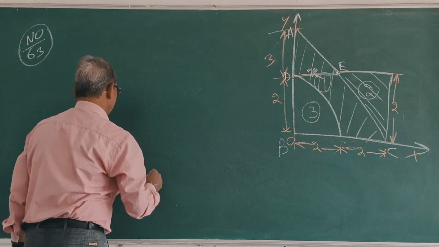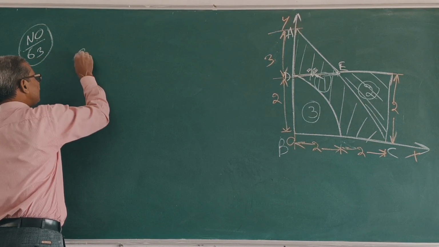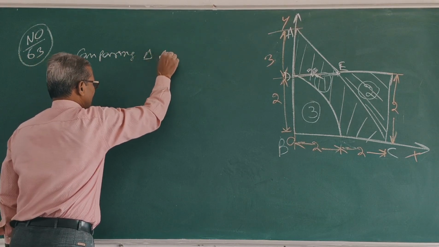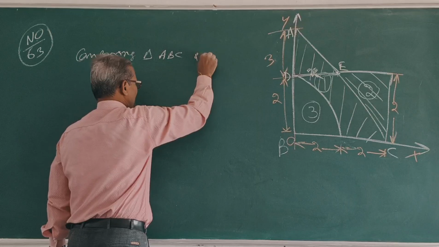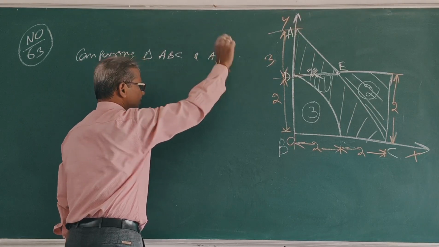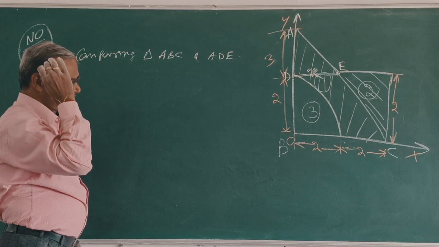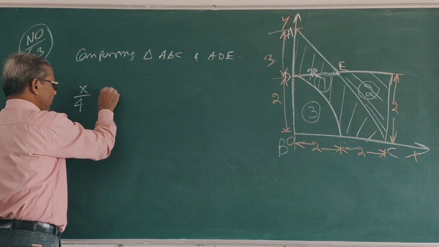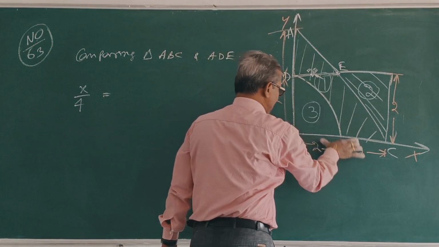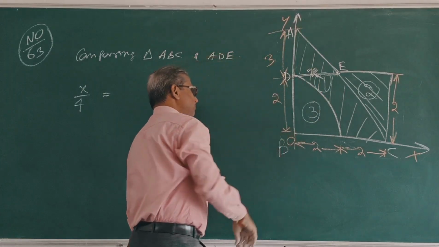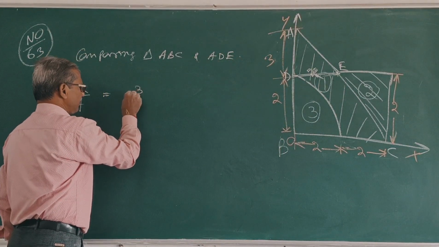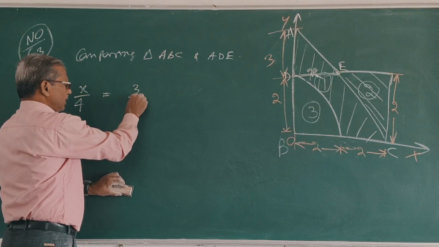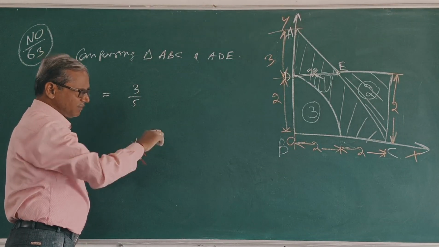Comparing triangle ABC and AD. So x by 4 is equal to this length by this length is equal to this by this 3 by 5. Clear? So base by base is height by height.